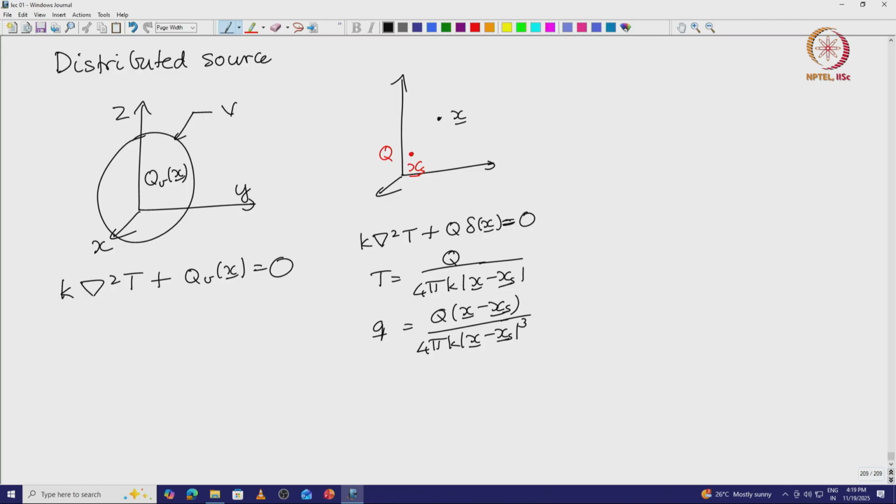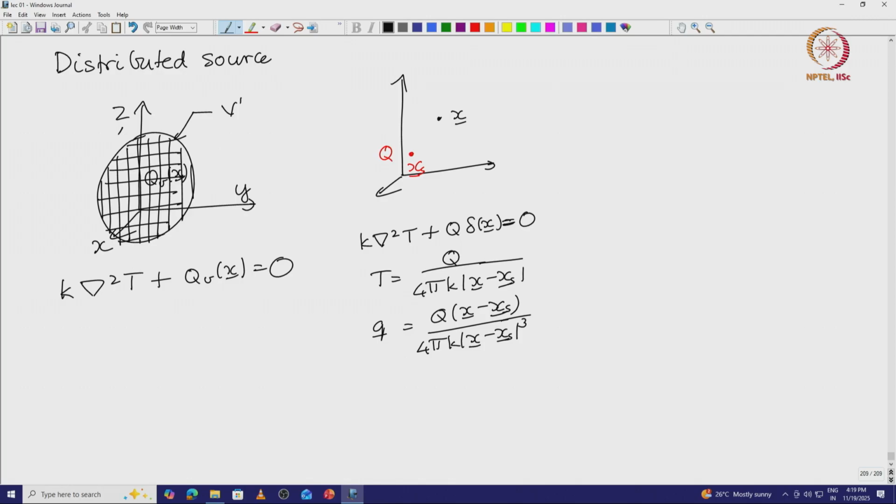Now, to calculate this for this distributed source, what I had told you is that we can separate this out into a large number of differential volumes. I had used the prime for the volume.